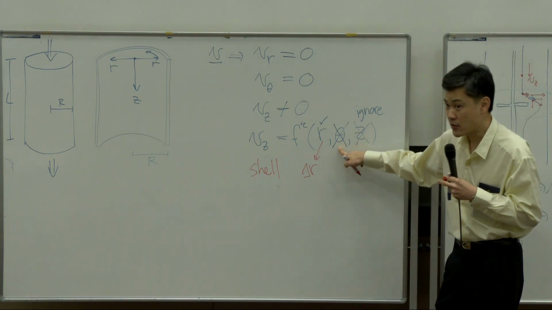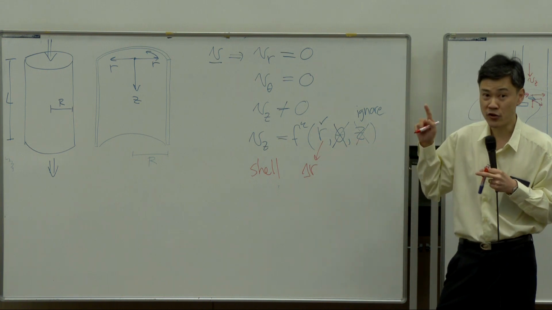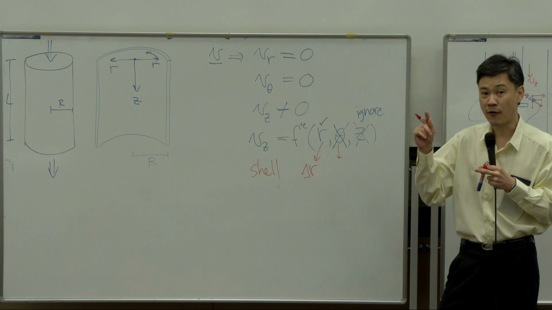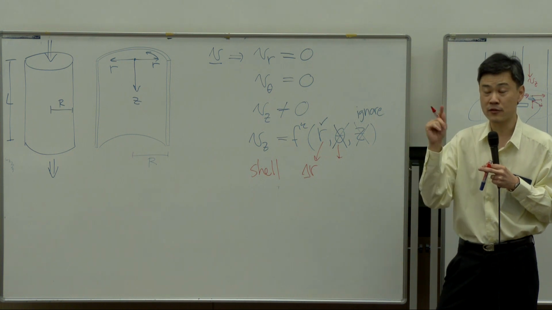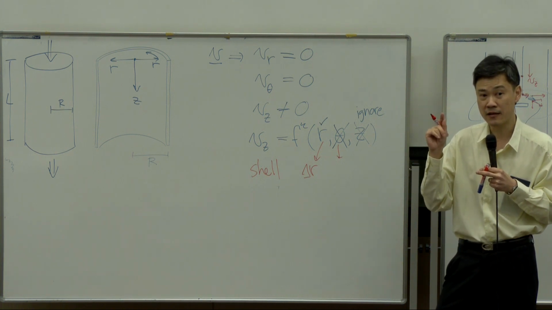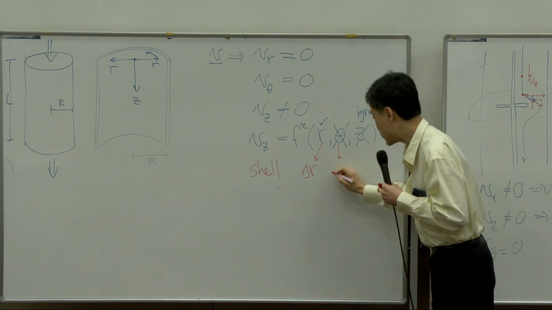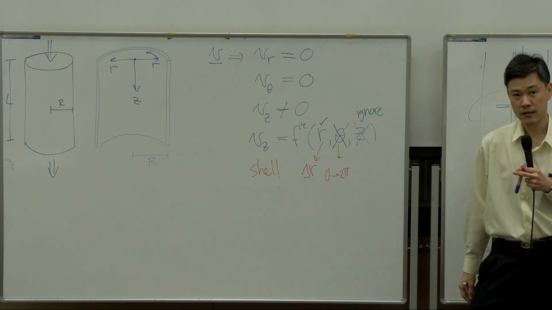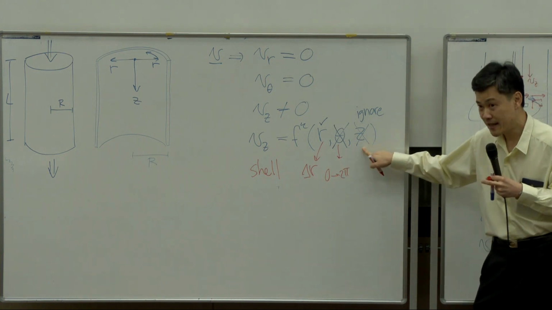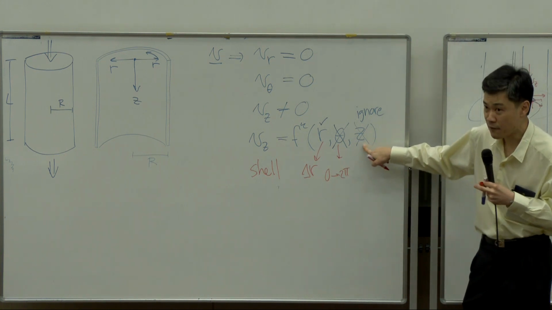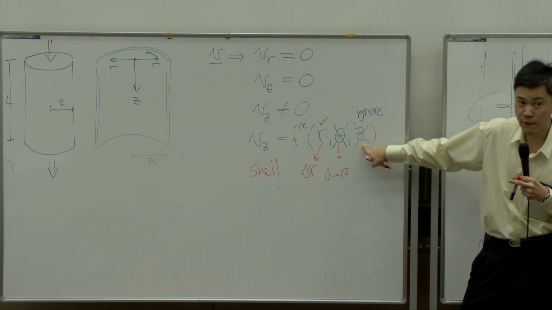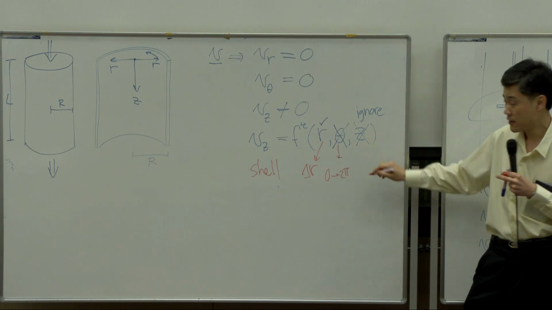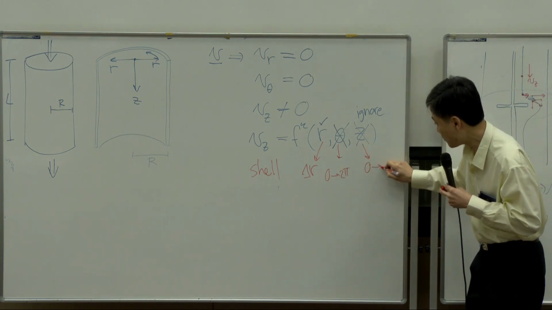It is not a function of theta, so your shell should cover the whole length from 0 to 360 degrees, right? So theta should cover from 0 to 2 pi radians. It is not a function of z, so therefore your shell must cover the whole length in the z direction. It should cover from 0 to L.